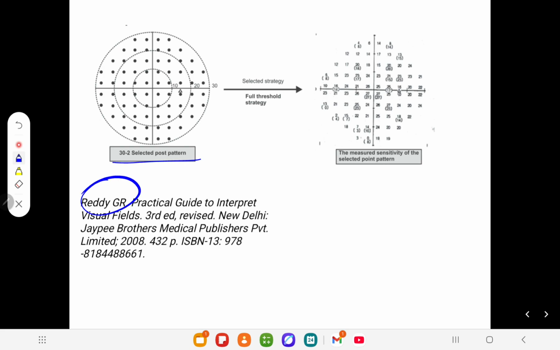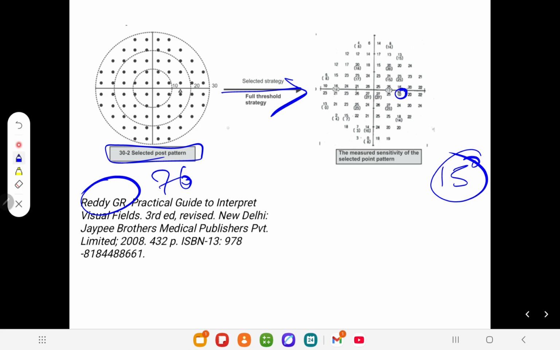The 30-2 pattern has 76 points, so we have numbers at every one of the 76 points, isn't it? And you see this 0 means this is the blind spot, because the blind spot also lies around 15 degrees in the temporal visual field.